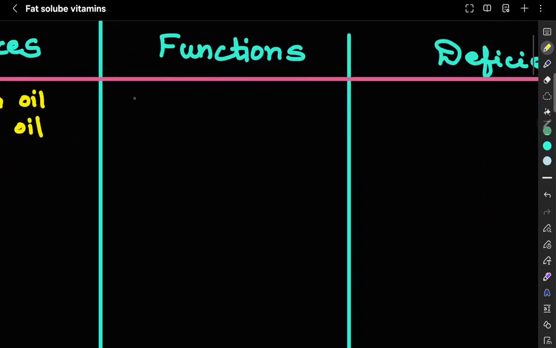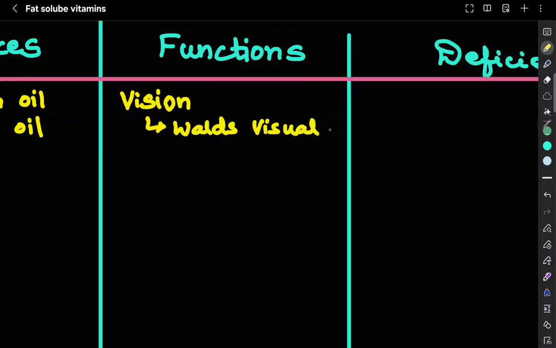Then what are the functions of vitamin A? We have vision, which is the main function of vitamin A. So in vision, where are they helpful? In Wald's visual cycle, rhodopsin. Okay, Wald's visual cycle.